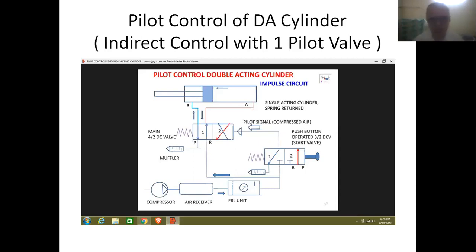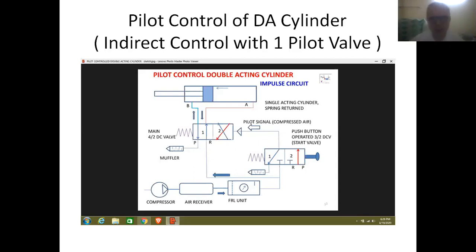And similarly, when the valve is in second position, outlet will be in contact with exhaust and inlet will be coming to closed position. Therefore, the fluid which is coming out of the DC valve will be coming back in this direction, and it is discharged into the atmosphere.